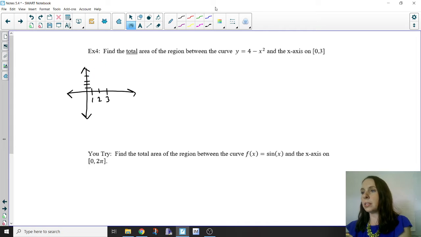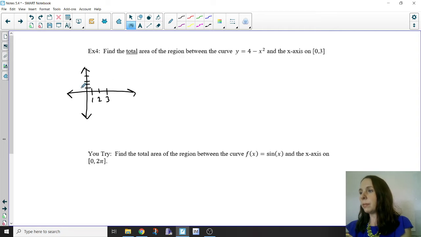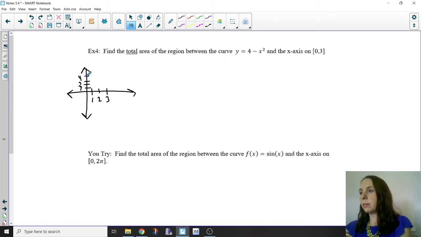I'm just plotting some points. Oh, I guess I should label. 1, 2, 3, 4. 0, 4. Let's see. How about 1? 1 subbed in here is 3. 1, 3. 2 subbed in for x is 0. And 3 subbed in is negative 5.